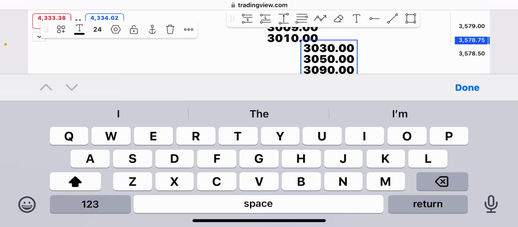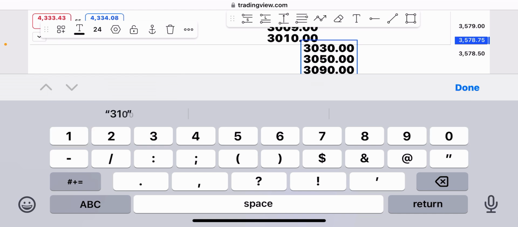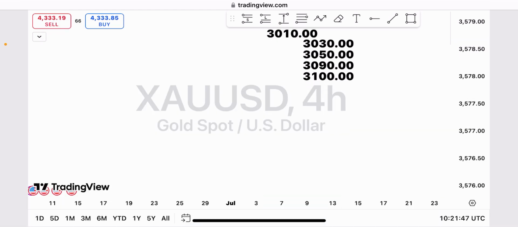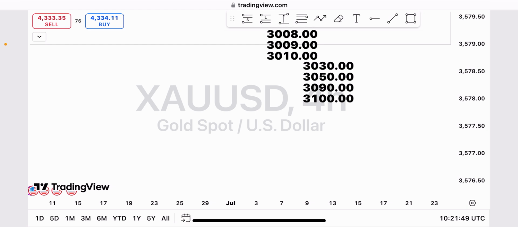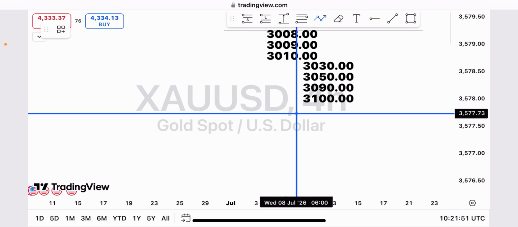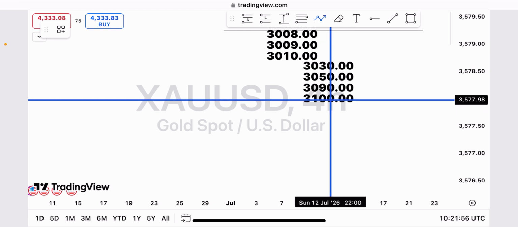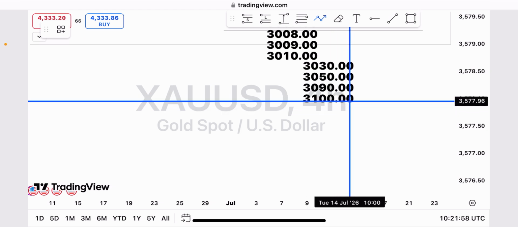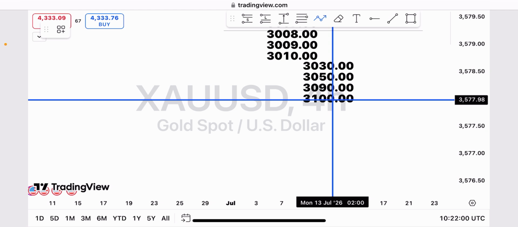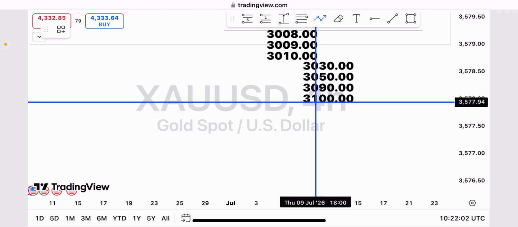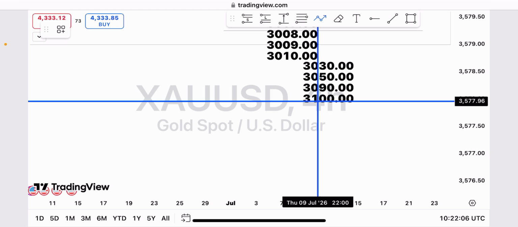And if eventually we move on to 3100.00, this is 1000 pips. Your pipette, your 1 pip, your 10 pips, your 100 pips, so your 1000 pips here.